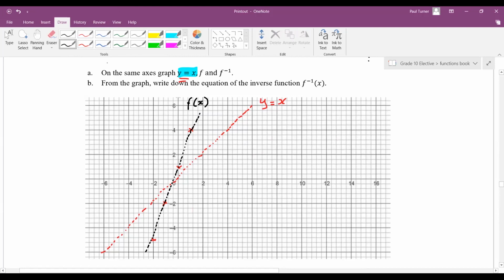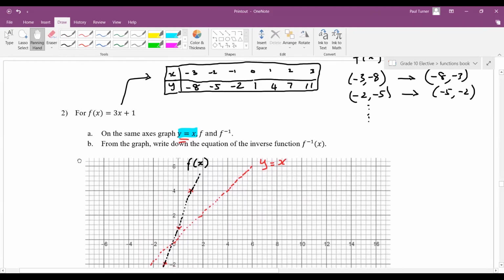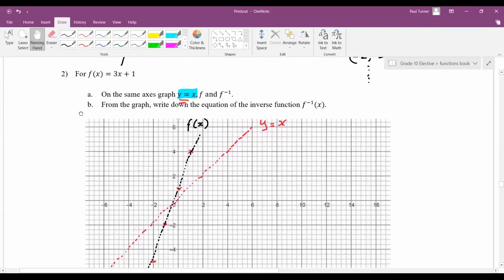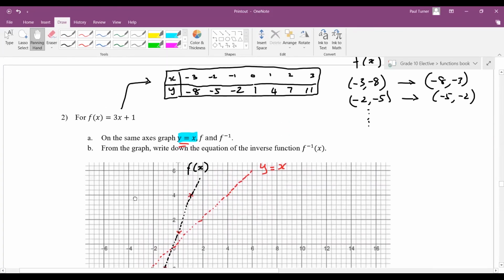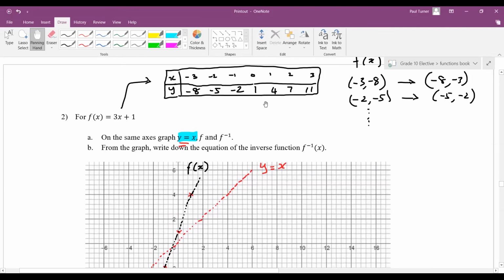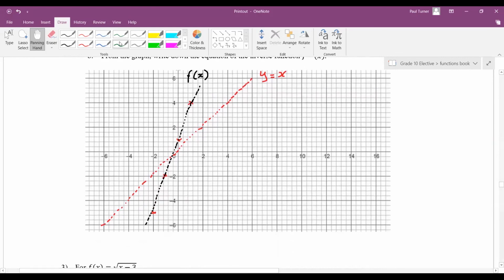Okay, so that's your function. Now we can find our inverse. So (-3, -8) is (-8, -3), which we're not going to do. (-5, -2) we can do, which is here.